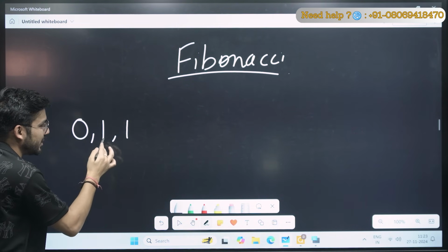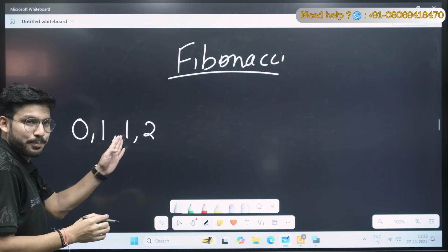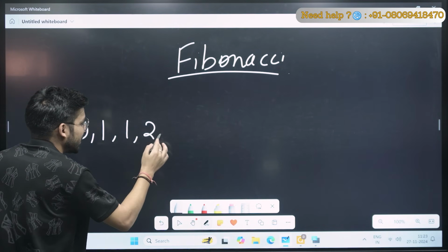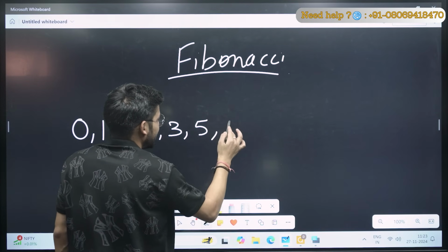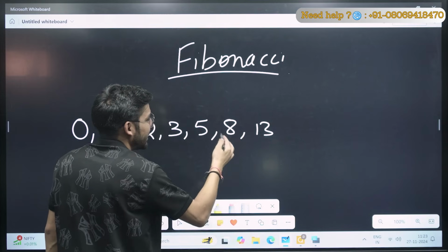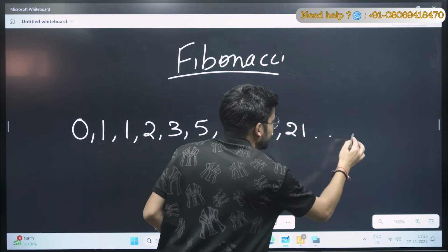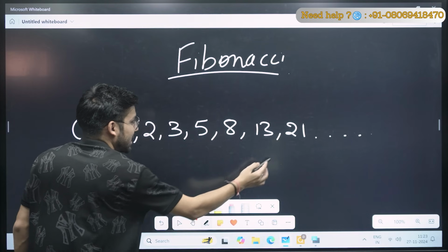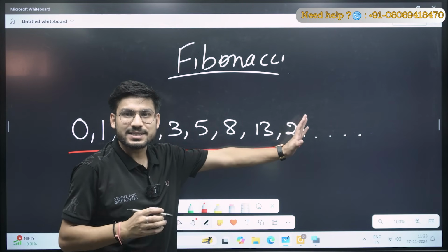Then 1 and 1, I get 2. I'm just adding the number with the preceding number, right? So 2 plus 1, we get 3. 3 plus 2, we get 5. 5 plus 3, we get 8. Then 8 plus 5, we get 13. Then 13 plus 8, we get 21. Similarly, this will go on. So these are all my Fibonacci numbers that exist in nature.